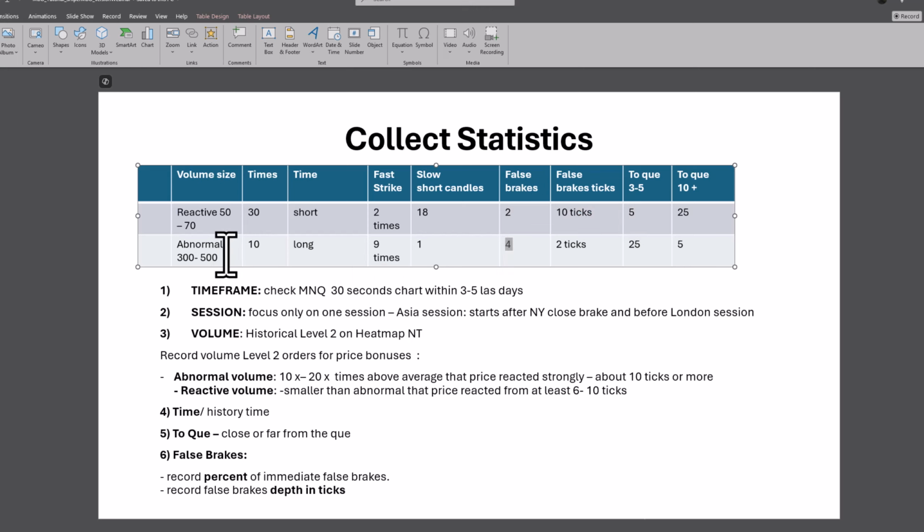That's my record, and I found false breaks actually happen at around 12 ticks over here. So if I know from my stats how often the false break happens, then you will get the answer really well.